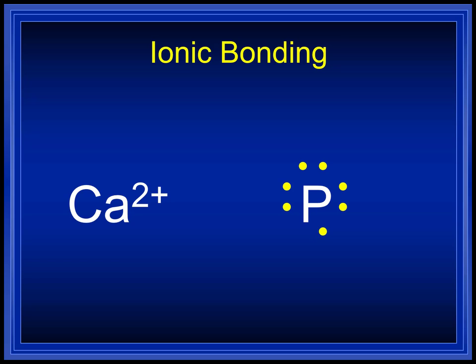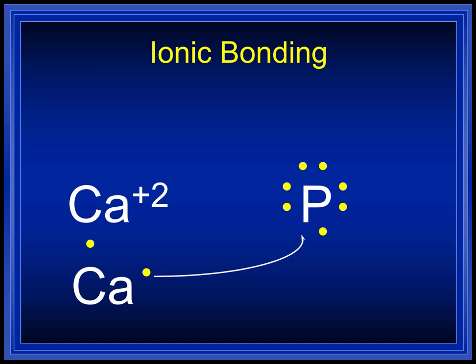And the only place it can get more valence electrons is from another calcium. So a second calcium comes in and gives that phosphorus another valence electron. Now the phosphorus is happy because it looks like a noble gas. But the second calcium is not happy. It still has an electron to get rid of. It's got to give that electron away, and the only thing that can take it is another phosphorus.